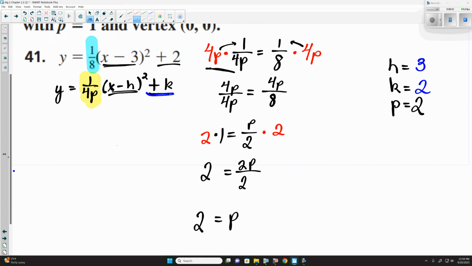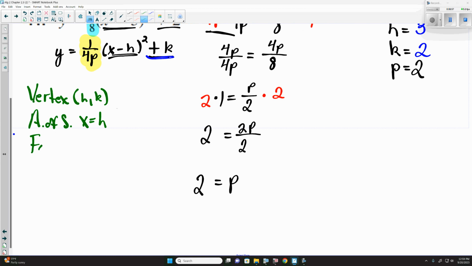So we're good with finding h, k, and p so far. Now truly what we're looking for is the vertex, which is our point h comma k. Our axis of symmetry, which for us here is the equation x is equal to h.